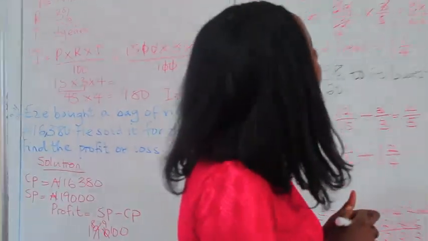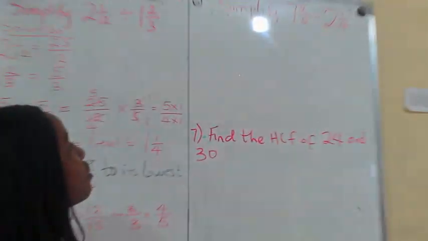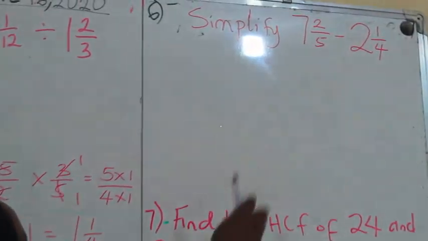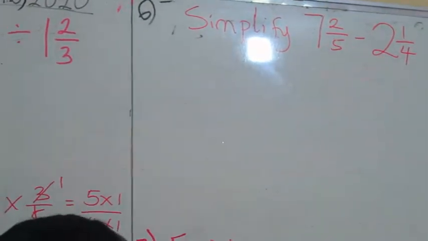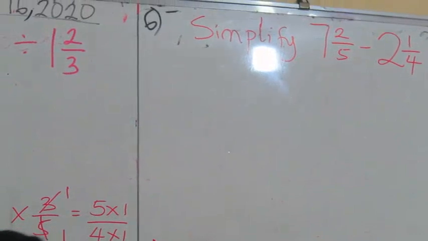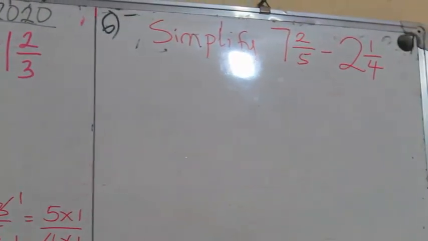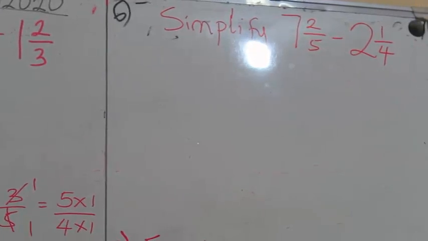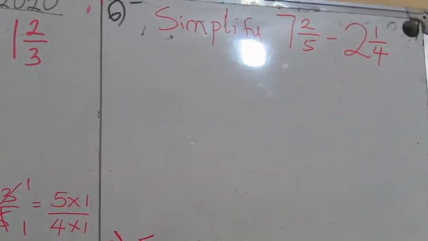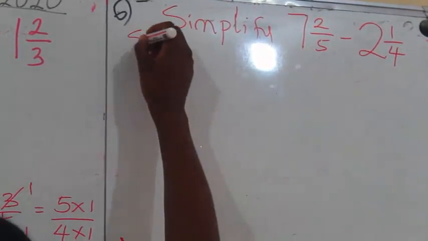Alright. Question 6 here says simplify 7 whole number 2/5 minus 2 whole number 1/4. It's similar to what we just did now.